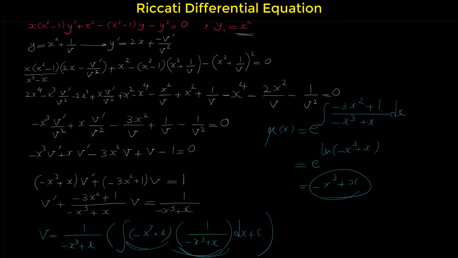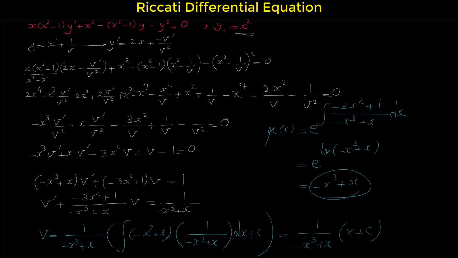This times this, because they are reciprocal of each other, is 1. So this equals 1 over negative x^3 plus x times x plus c. Note that this is equal to 1, and the integral of 1 is x.